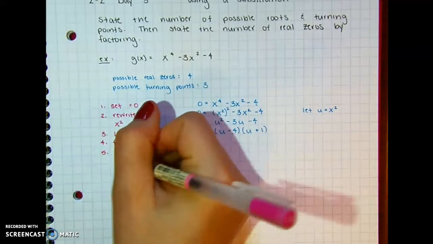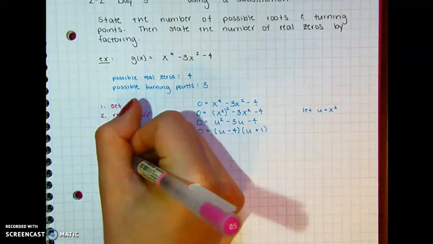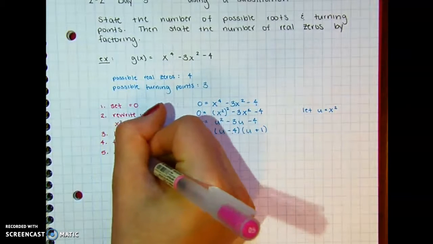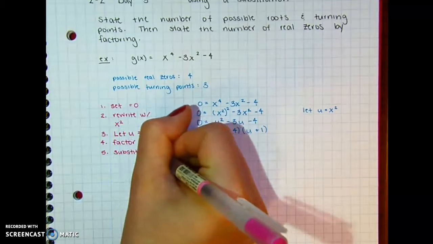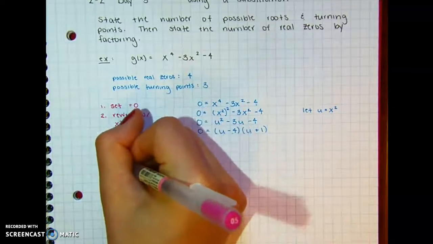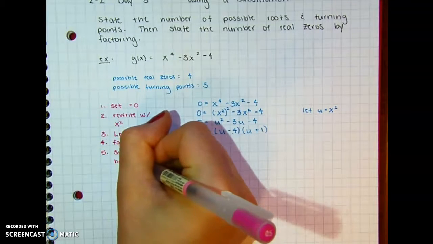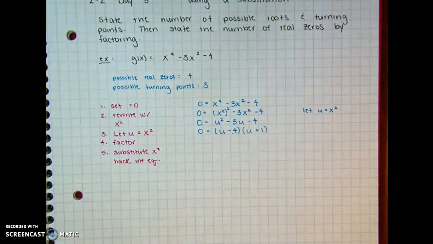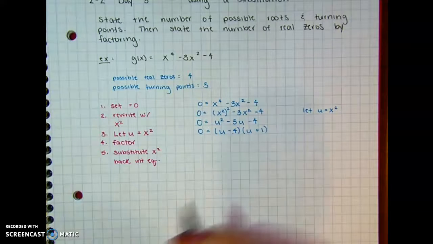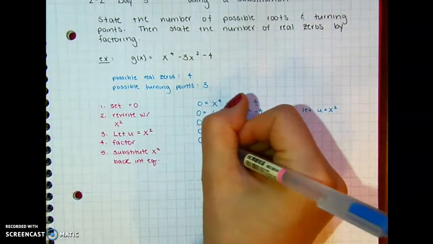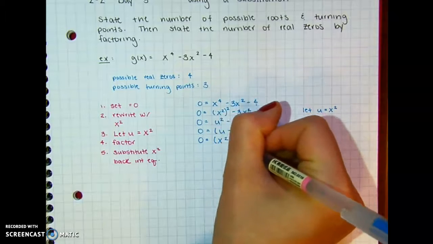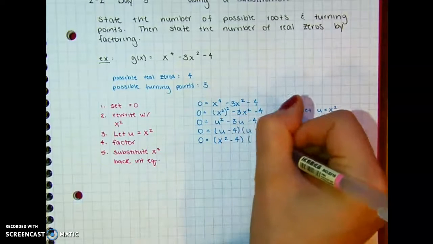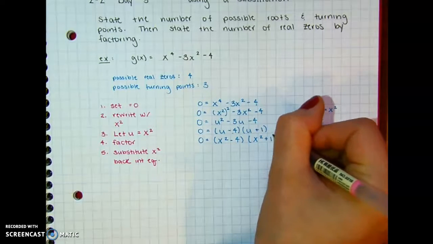So the next step is to substitute your x squared back into your equation. And our factors will be x squared minus 4 times x squared plus 1.